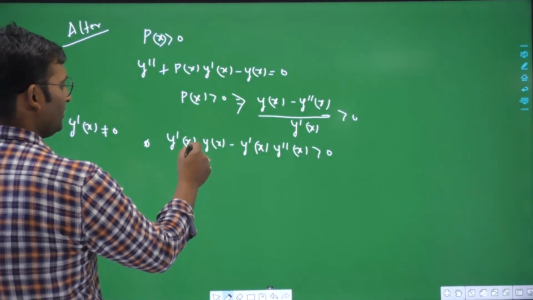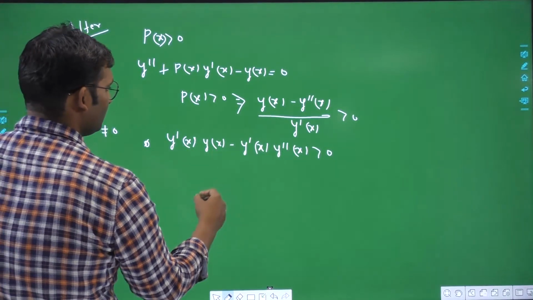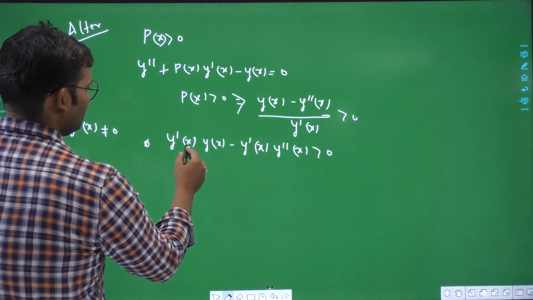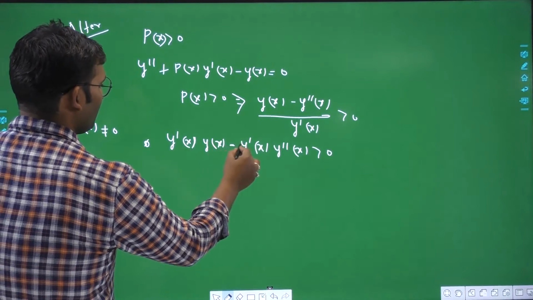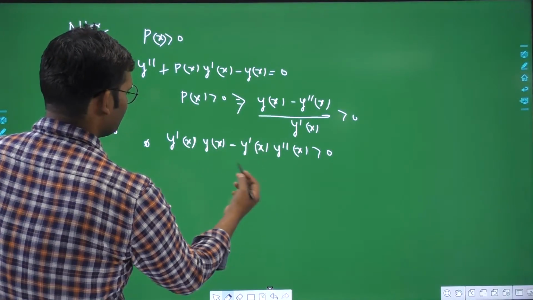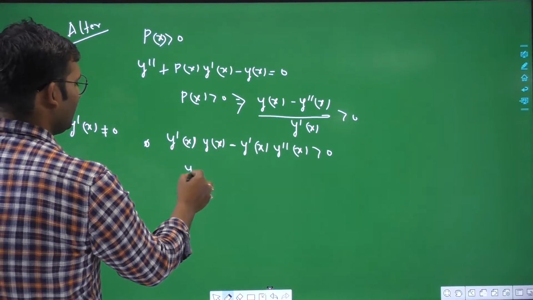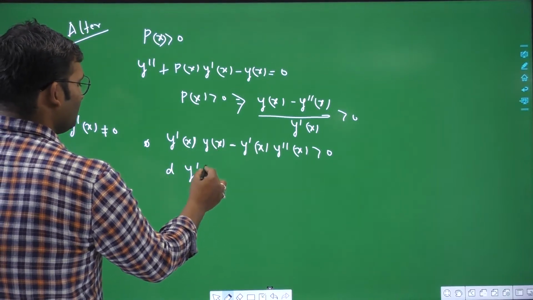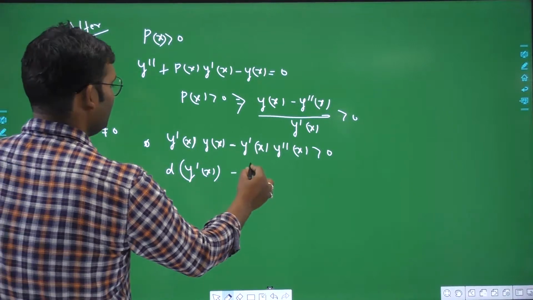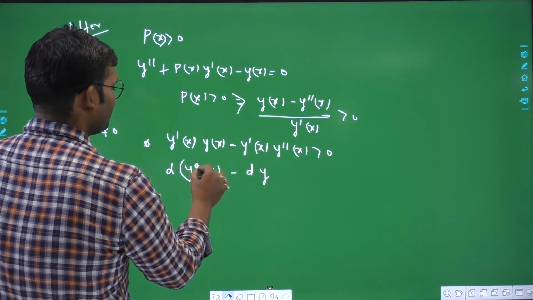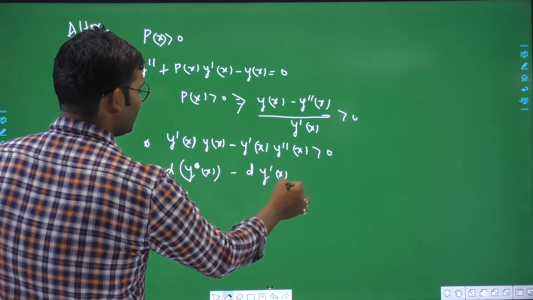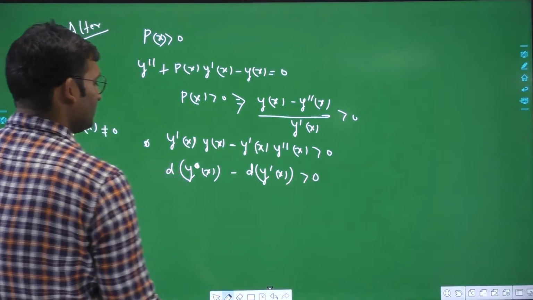That if you integrate it from... okay, so what you can probably do is write it as d of y'(x) minus d of y(x) minus d of y'(x), and this is supposed to be greater than 0.